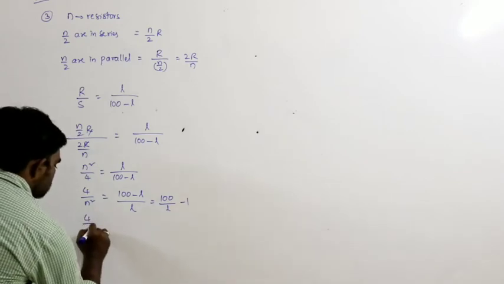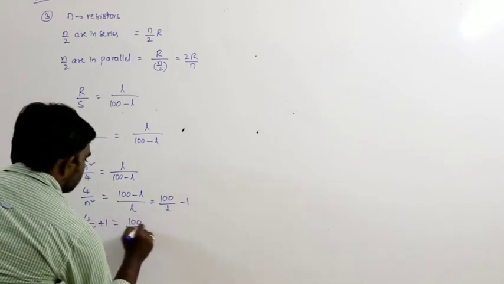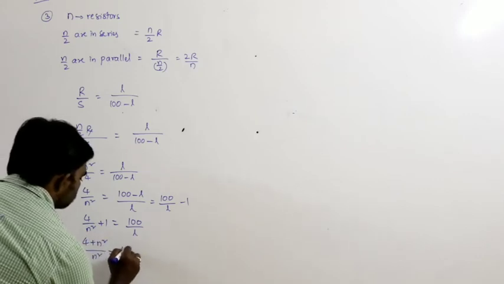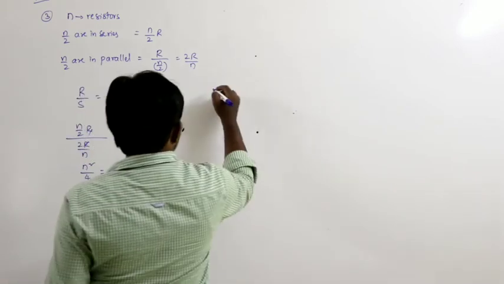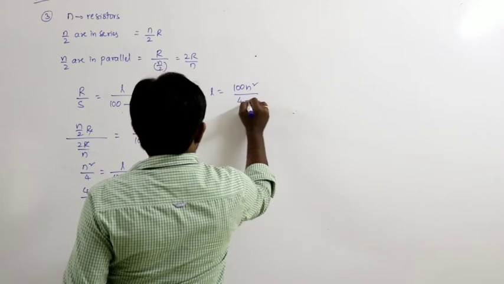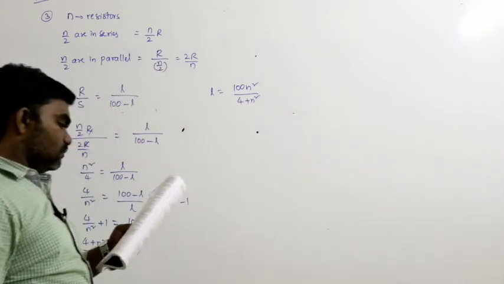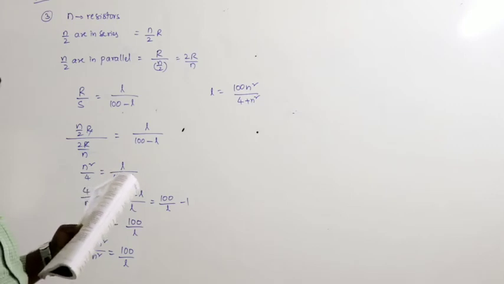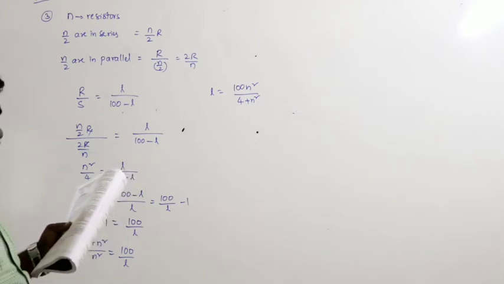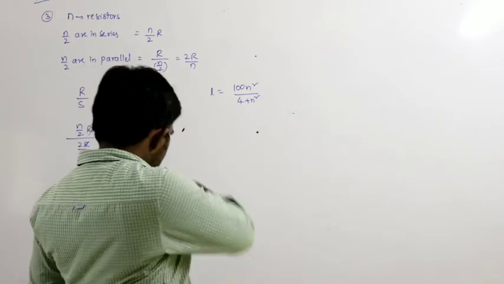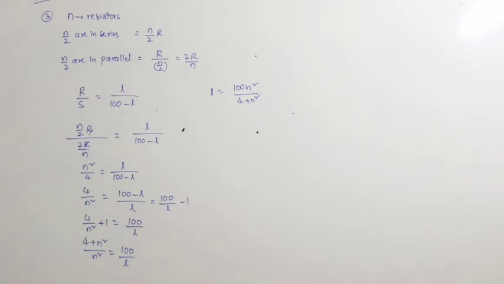That is 4 by N square plus 1 is equals to 100 by L. 4 plus N square divided by N square is equals to 100 by L. So from this L can be written as 100 N square divided by 4 plus N square. First option is the correct one. Next.